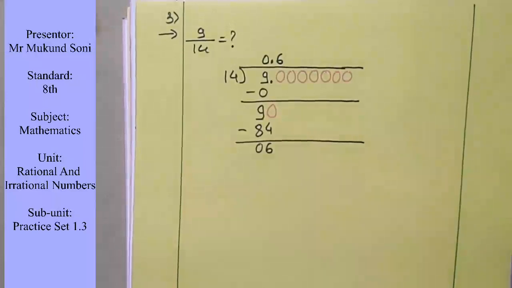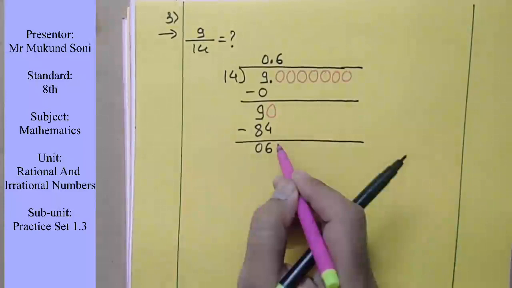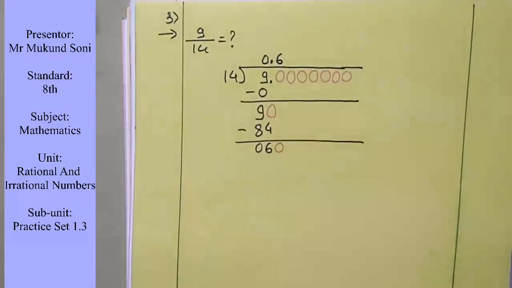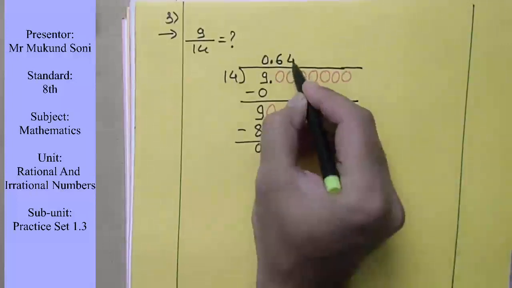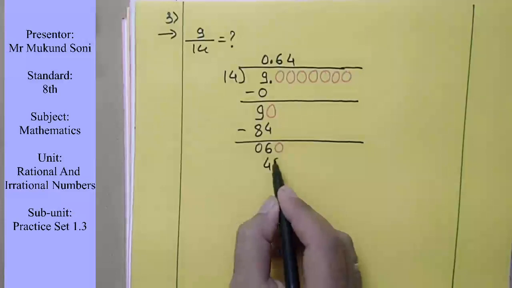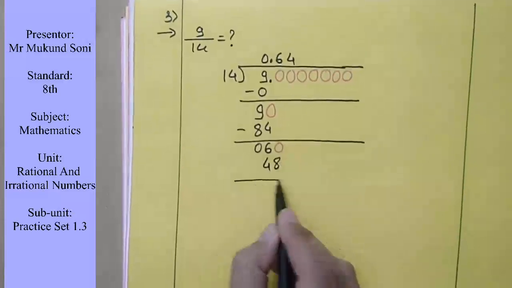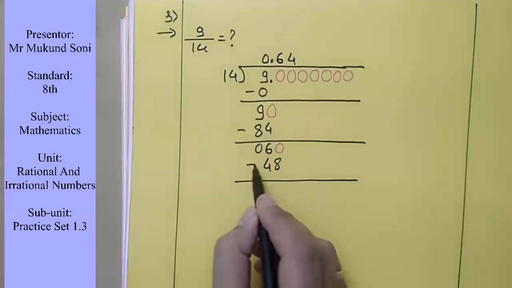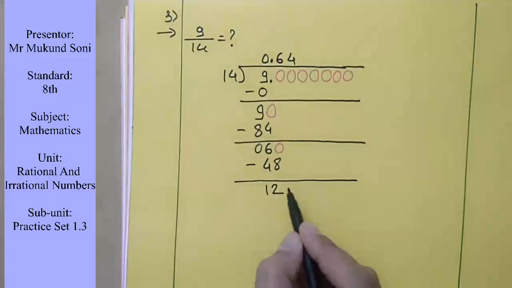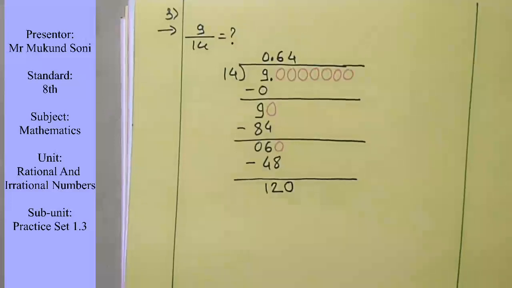Now take the 0 down. Now again think of the table of 14. 14 fours are 56. Subtract it. It will be 4.